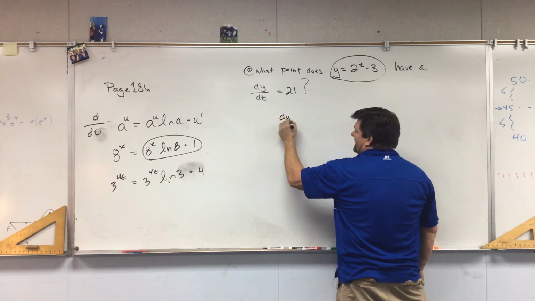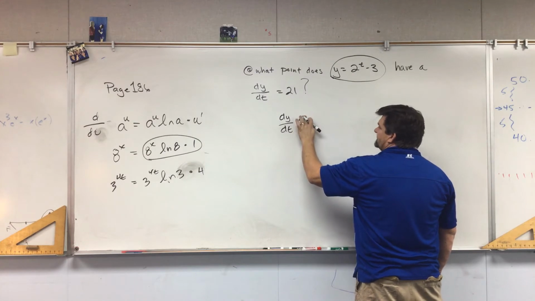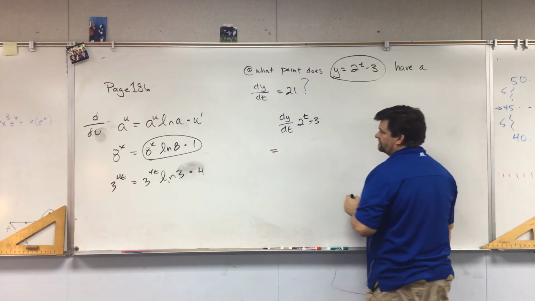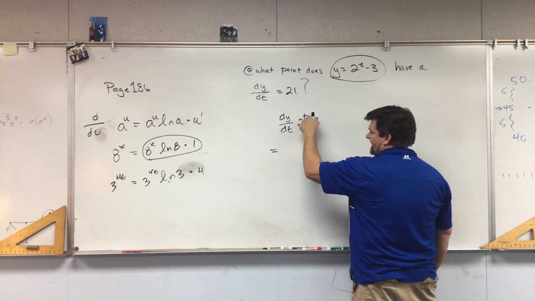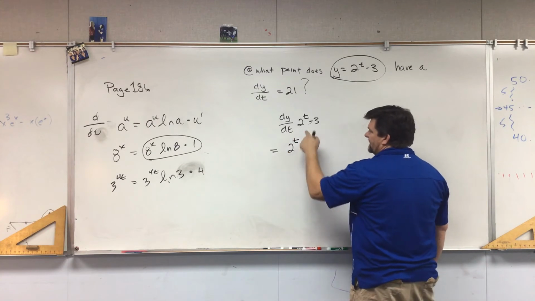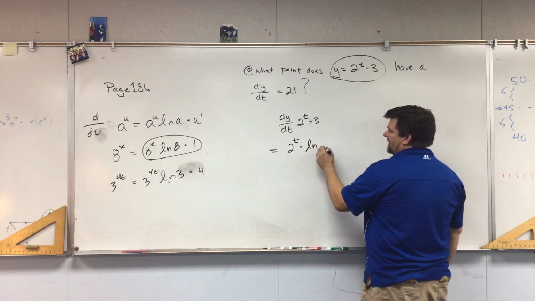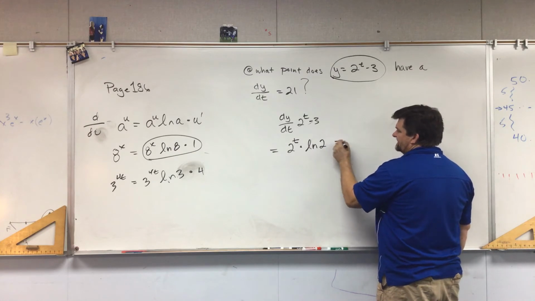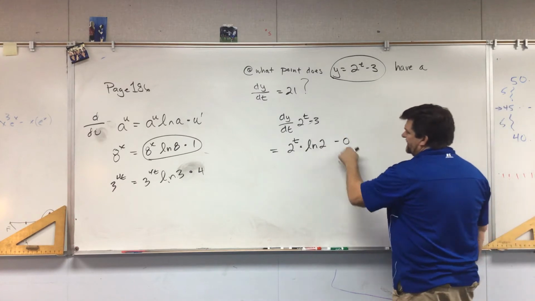So dy/dt of 2 to the t power minus 3 is going to be a to the u, so this is a and that's u, so that's going to be 2 to the t times the natural log of a times the derivative of t, which is going to be 1, so it's the natural log of 2, and then this whole thing's multiplied by 1, minus 0, because the derivative of 3 is going to be 0.